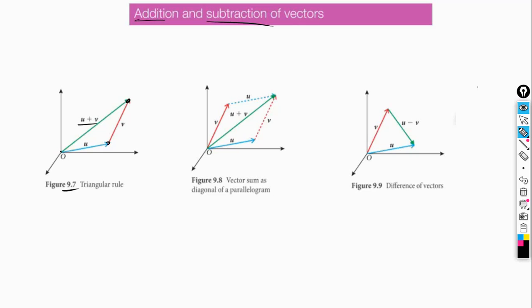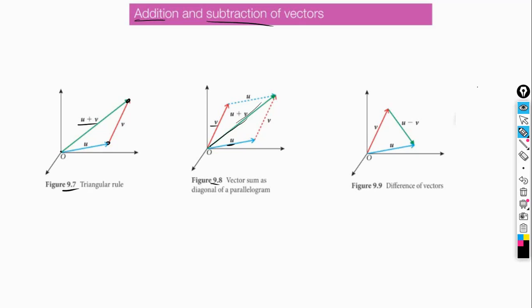Equivalently, u plus v is also the diagonal, as you can see here in figure 9.8, of the parallelogram whose sides are u and v. Then we have that the difference of two vectors u and v can be dealt with in the same manner.